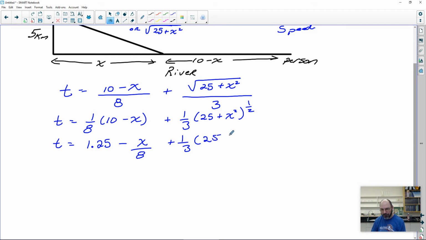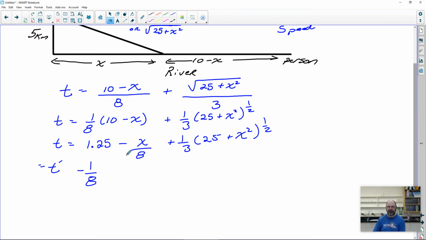Okay, now it'll be a little easier to do our derivative if we expand that first part out, because then we can just eliminate this and take the derivative of 1/8 x, which we know what that's going to be. So t prime, that's 0. Then the derivative of negative x is negative 1/8.